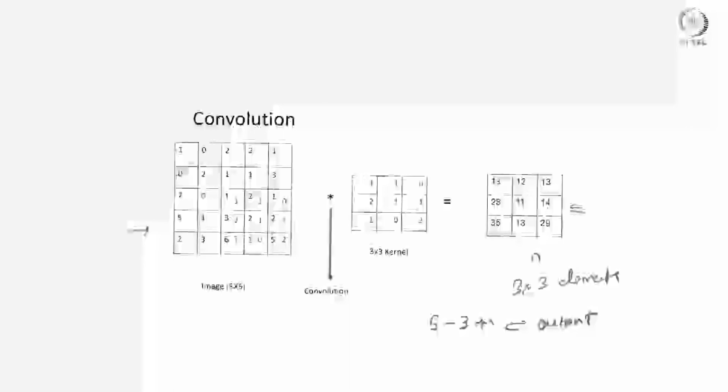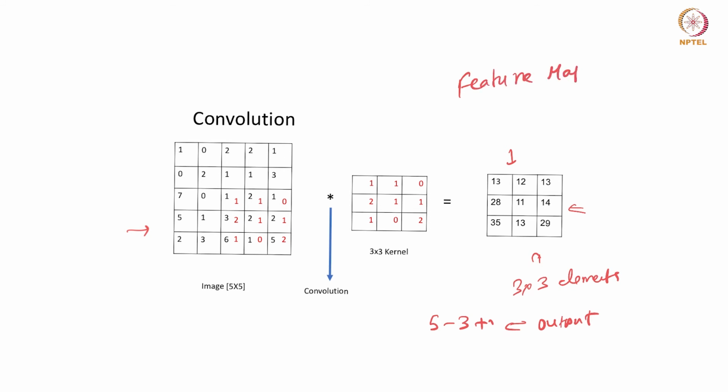Now this output here you would often refer to as a feature map or an activation map. Either is fine. Similarly, individual elements here you would call neurons, or activations, because it's an activation map, or hidden units.